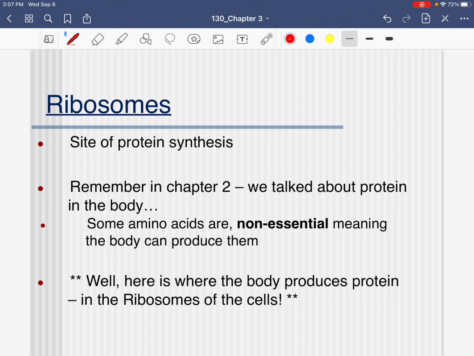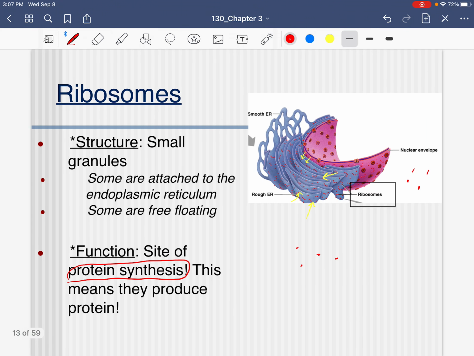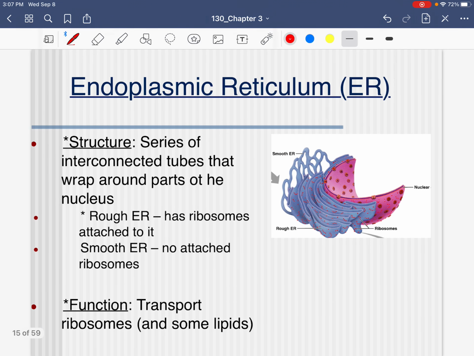And some of them our body cannot make, so we need to get them through food. But I'm just making a point. In chapter 2, we talked about how the body makes protein. Well, now I'm showing you the part. The ribosomes in pretty much every cell. Most every cell of your body has ribosomes, and they are protein-producing factories. See how it all ties together?